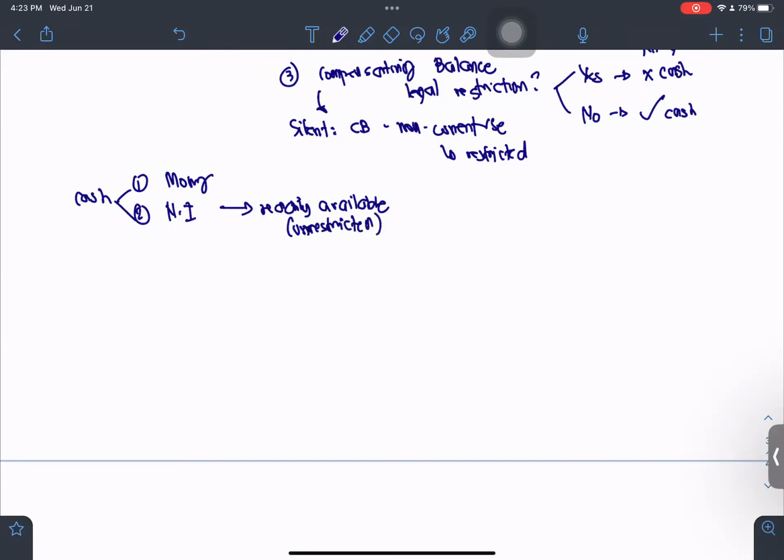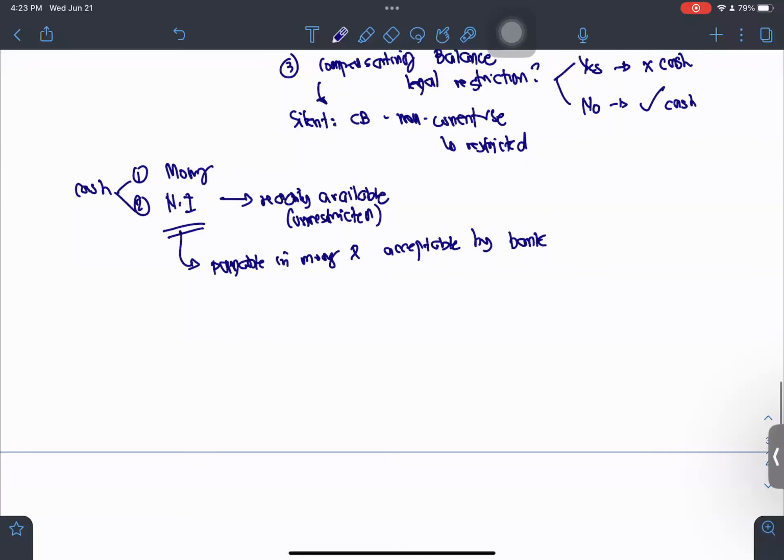And whenever we talk about negotiable instruments, we have only one negotiable instrument that can be classified as cash. Why? Whenever we talk about negotiable instrument, it must be payable in money and acceptable by bank. And one item only satisfies this definition.